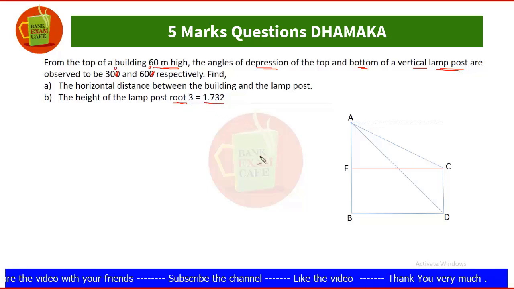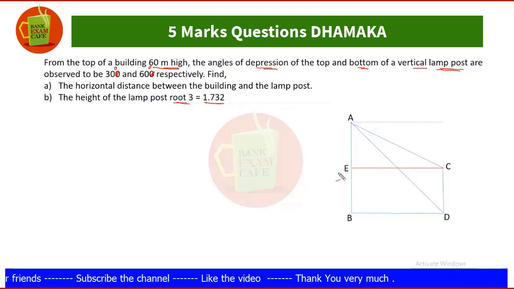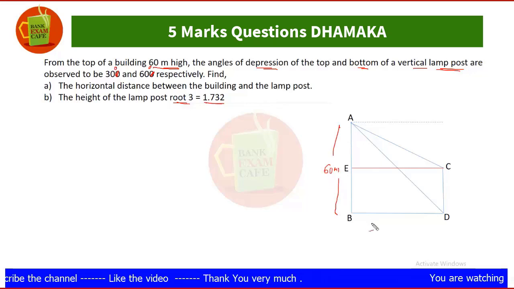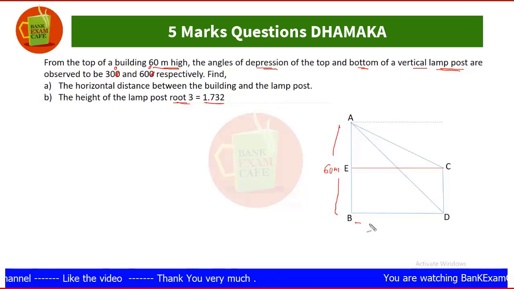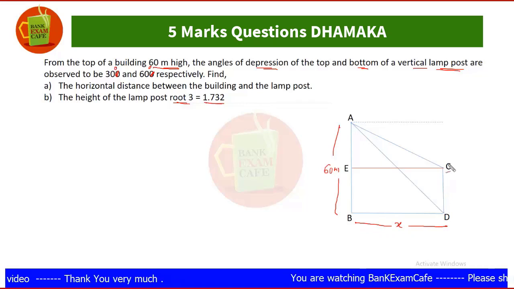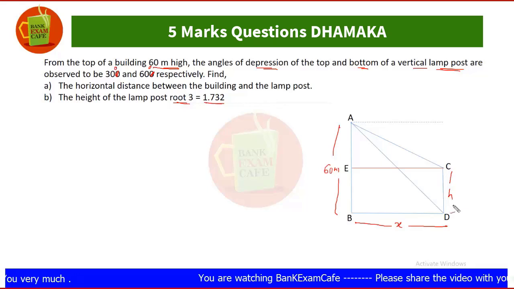Now friends, here AB is a building whose height is given as 60 meter, and we have to find the distance BD, and this is a lamp post, and we have to find the height of the lamp post also.